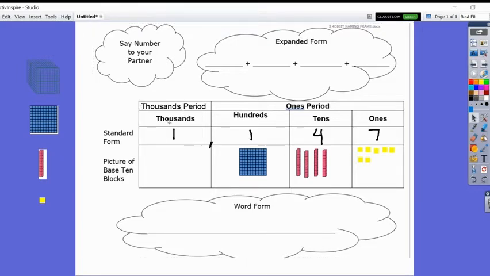In the thousands period, how many thousands do we have? 1. So you're going to draw your cube. And on your mat, you should have this guy, the big base 10 block that looks like a cube that represents 1,000. Let's read this together out loud, and I want to hear you.